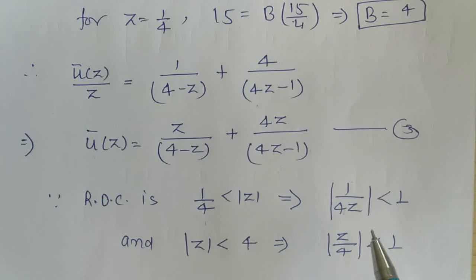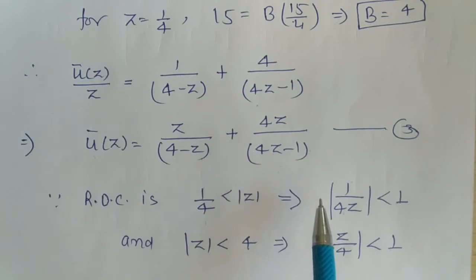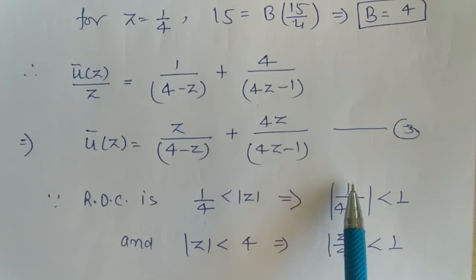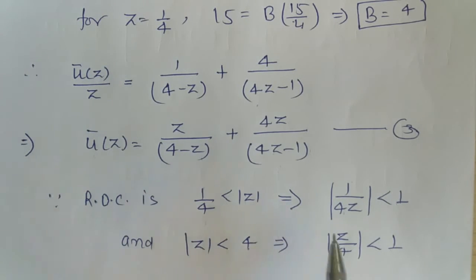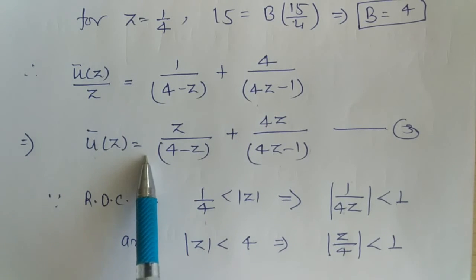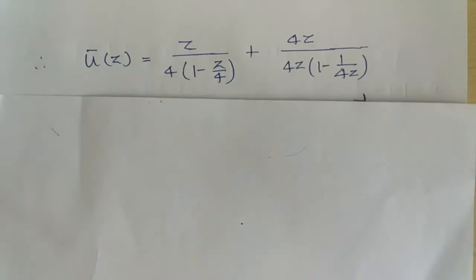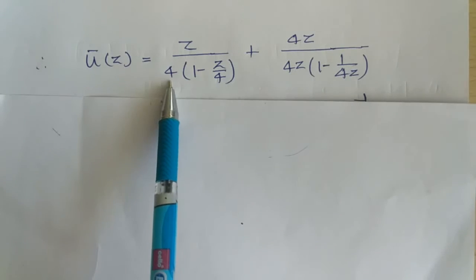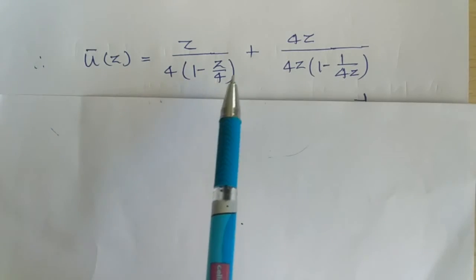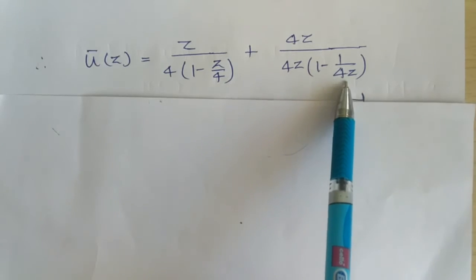So the region of convergence suggests that the expansion of this expression is in terms of 1 upon 4z, and the expansion of the other expression is in terms of z by 4. And for that, here we take 4 common and here we take 4z common. Then we get u bar z equal to z upon 4 into (1 minus z by 4), plus 4z upon 4z into (1 minus 1 upon 4z).